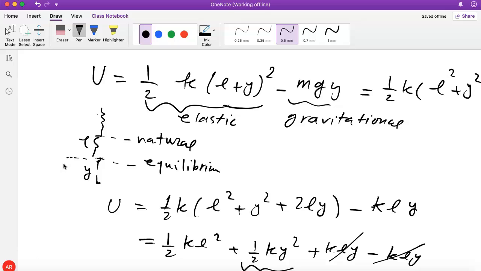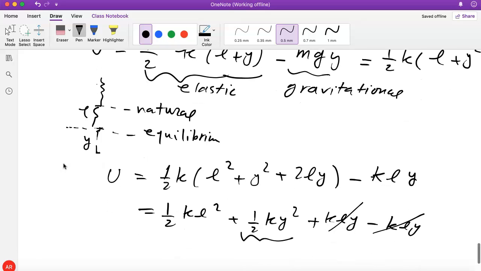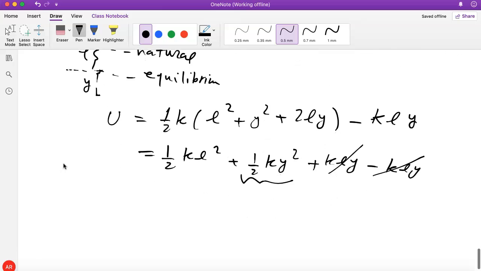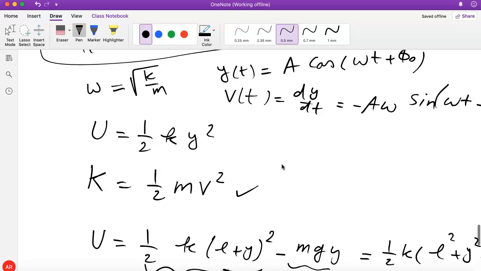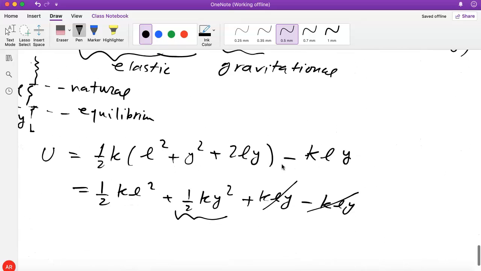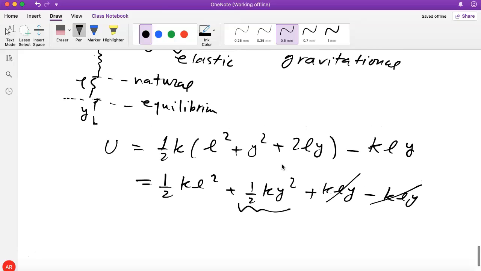We could have said another point has zero gravitational potential energy by choice, so that that constant disappears. So this naive guess that we made, 1/2 ky squared, is actually fine, and we don't have to worry about these subtleties of where the energy is stored, etc.